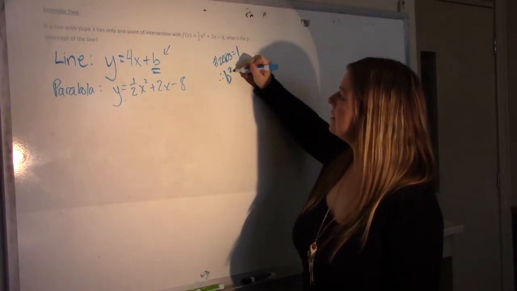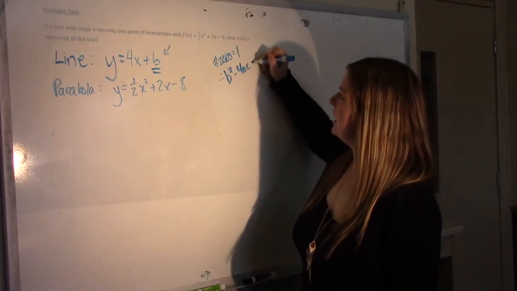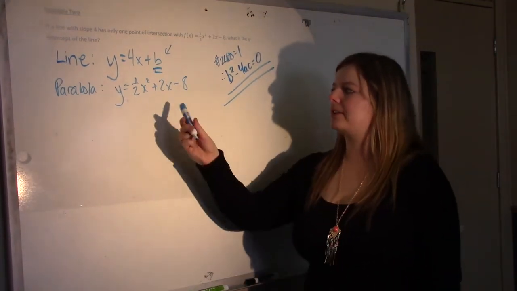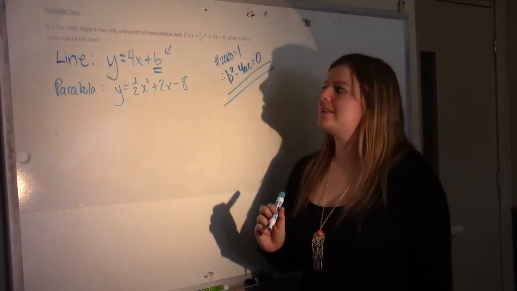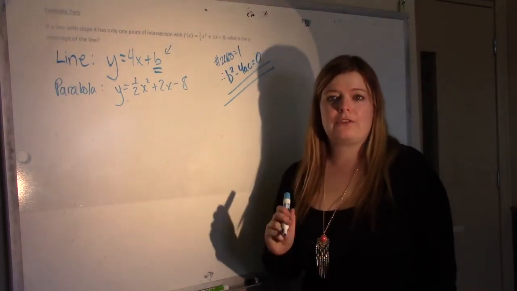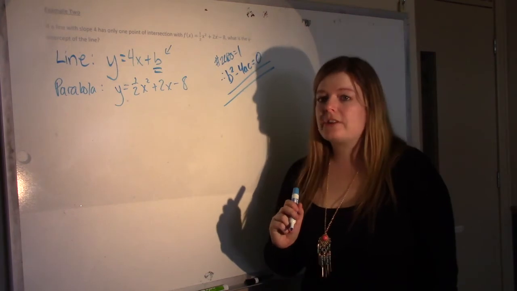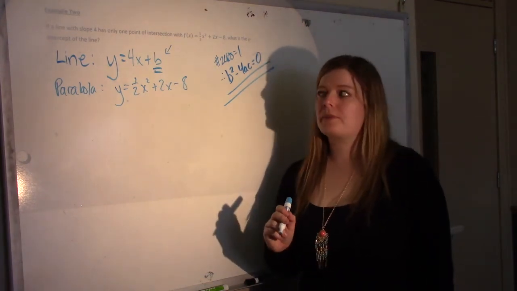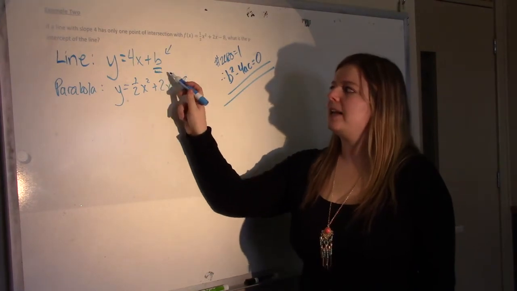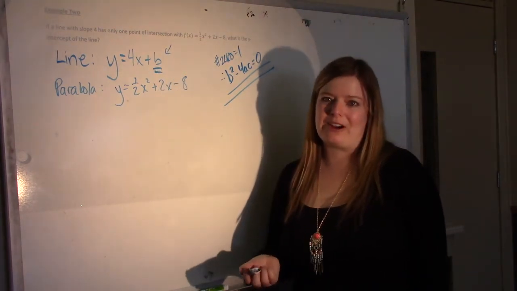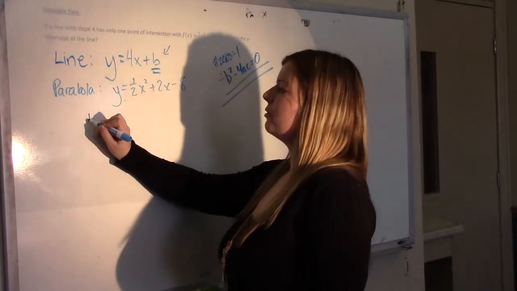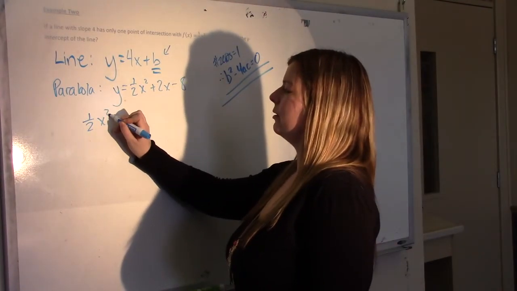That means that the discriminant, b squared minus 4ac, has to equal 0. Does that mean the discriminant of this? No. It means that when we set these two equal to each other and then rearrange the formula, that discriminant will have to equal 0. So now it's just a matter of doing that. We're going to have b there, an unknown, and we'll be able to solve for it because we have this equation. If you don't quite understand yet, just watch.